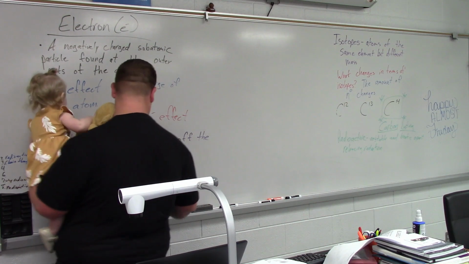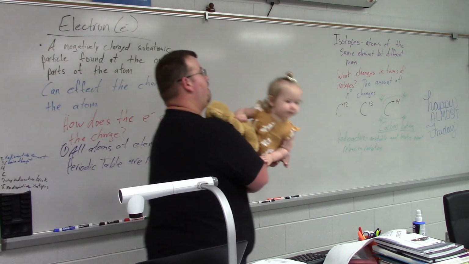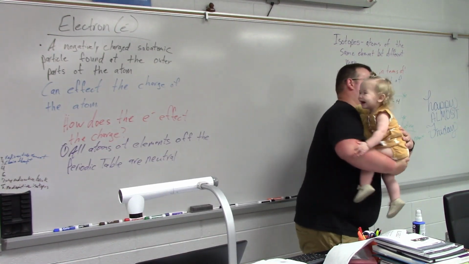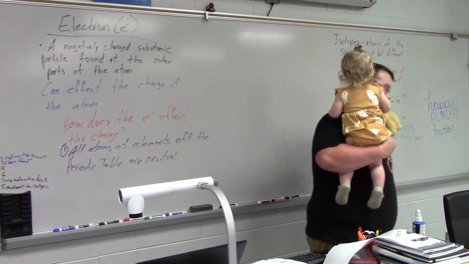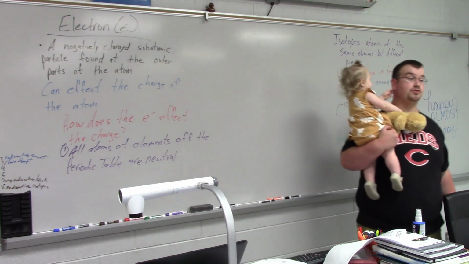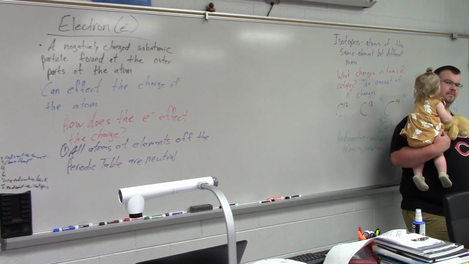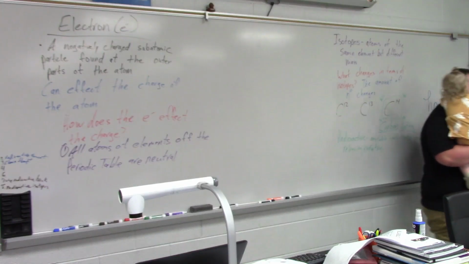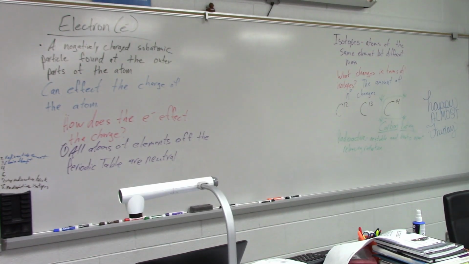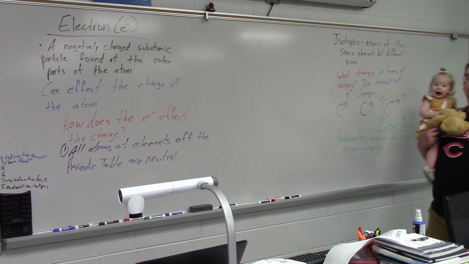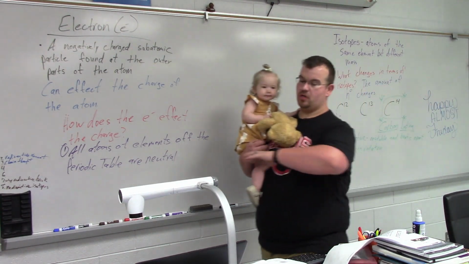What do I mean when I say neutral? Not particularly positive or negative. It's not positive, it's not negative, it has no charge to it. So all atoms of elements off the periodic table have no charge.